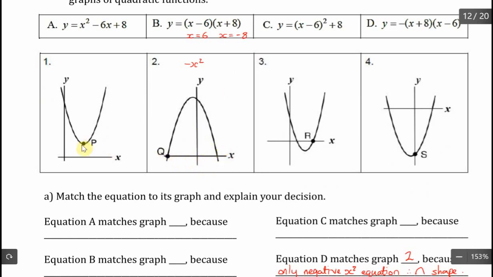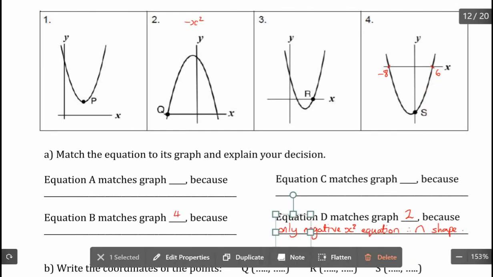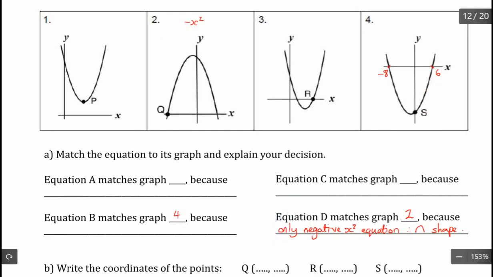So that one doesn't have any roots, so it can't be that one. This one has 2 roots, but they're both positive, so it can't be that one. So it must be this one. So that point there must be 6, and that point there looks a bit further down the x-axis, at -8. So B matches 4, because roots at -8 and 6.